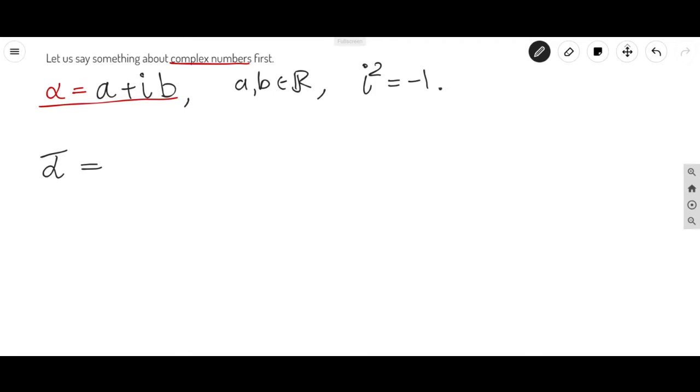The conjugate of alpha is, by definition, the same complex number, but you replace the imaginary part by the negative of it, and that's called the conjugate of alpha, of the complex number.